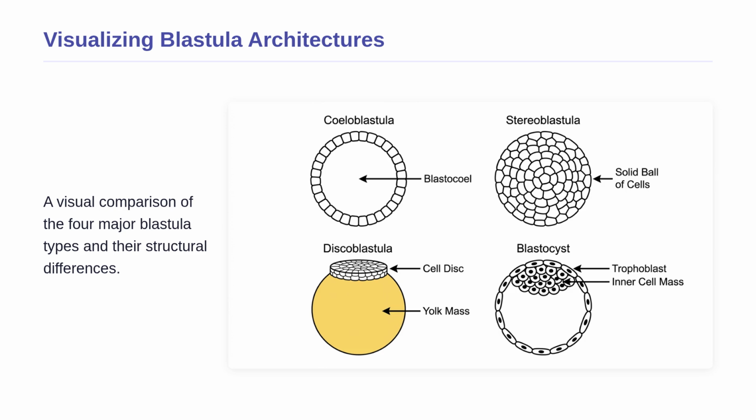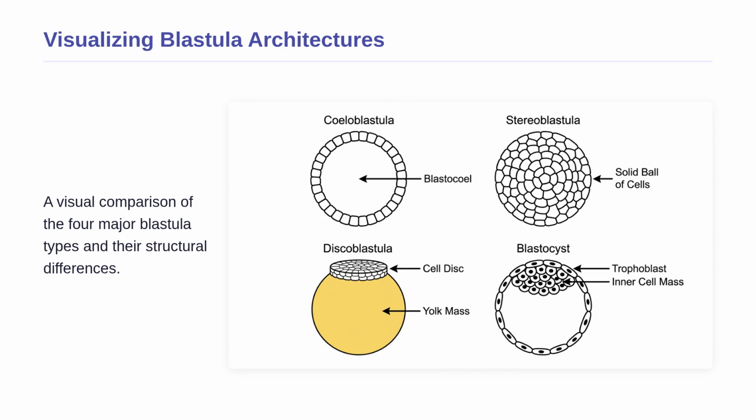In the bottom left, the discoblastula illustrates how the tiny cell disc rests on top of a massive, uncleaved yolk. Finally, in the bottom right, the mammalian blastocyst highlights its two distinct regions, the outer trophoblast ring and the crucial inner cell mass tucked inside.